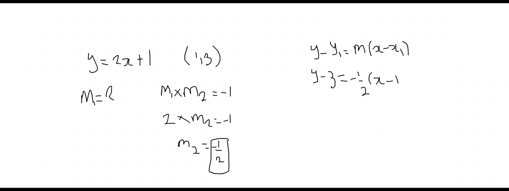And then we solve and simplify. -1/2 multiplied by x, that's simply -1/2x. -1/2 multiplied by -1, that's +1/2.